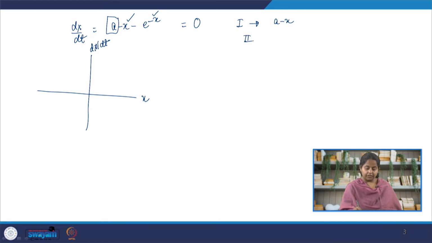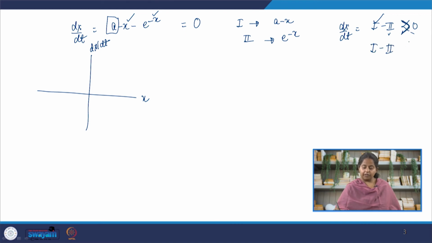The second function is e to the power minus x, which is a curve, quite easy to draw. dx by dt is basically a subtraction of these two functions. When the line is above the curve, dx by dt will be positive. When the line is below the curve, dx by dt will be negative. When the line intersects the curve, that is our fixed point, because that is when dx by dt will be equal to 0.